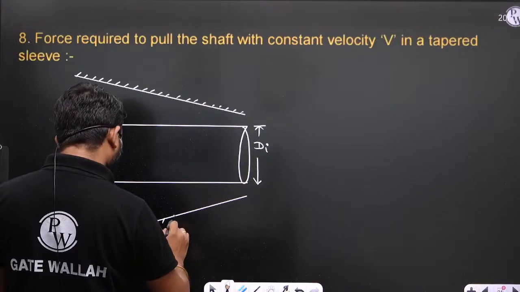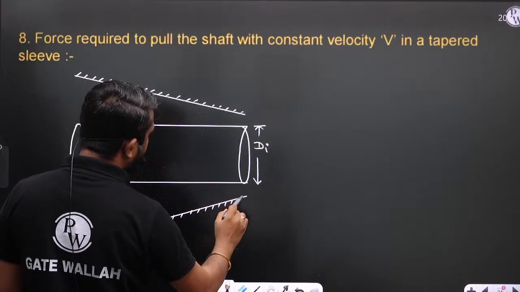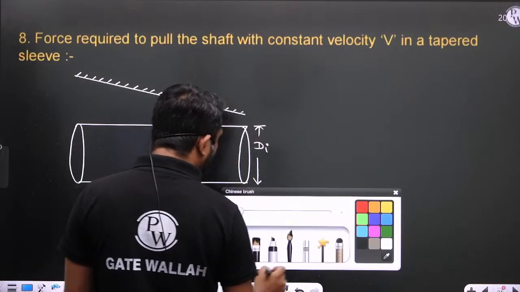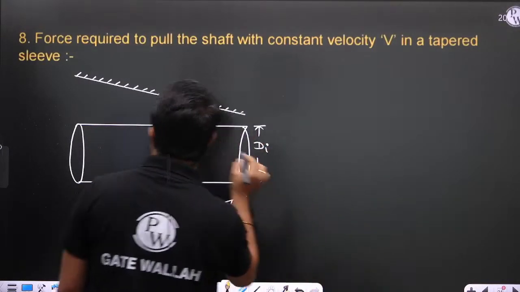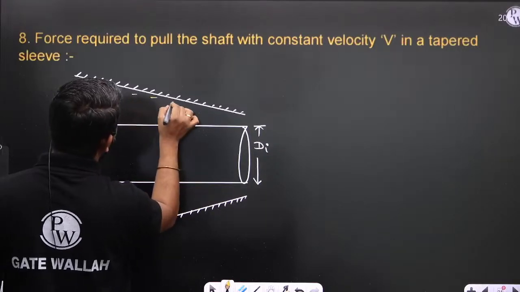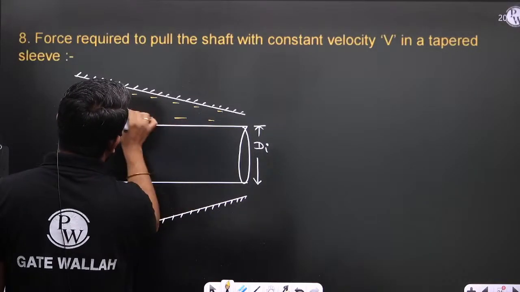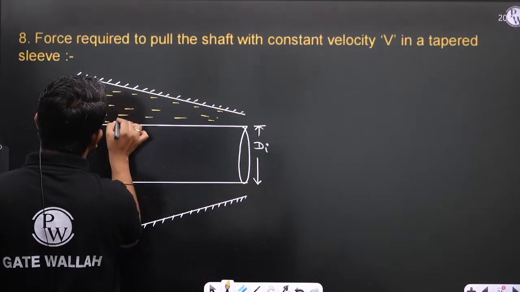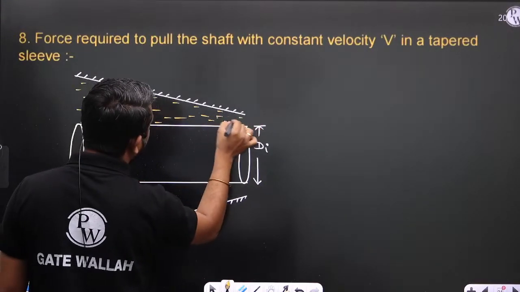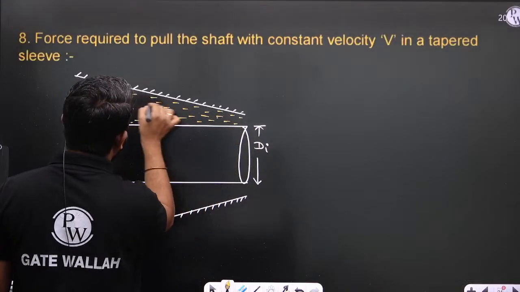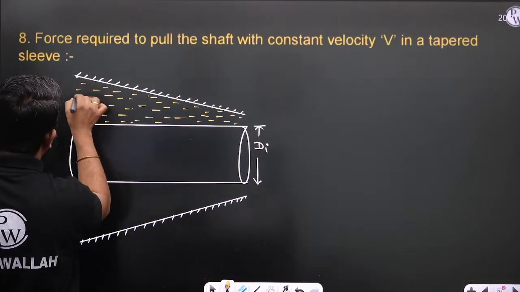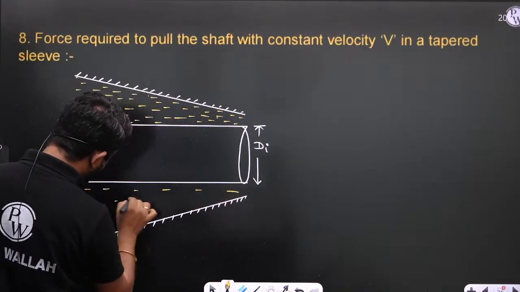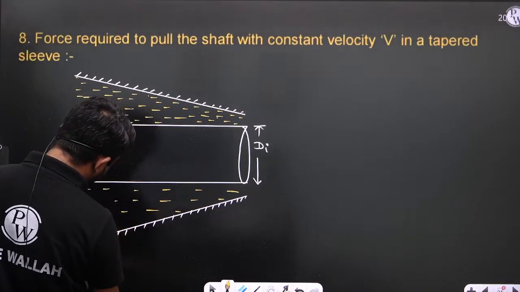Right? This is the tapered sleeve. And to reduce the friction, to minimize the friction, there is a lubricant film. Like this.